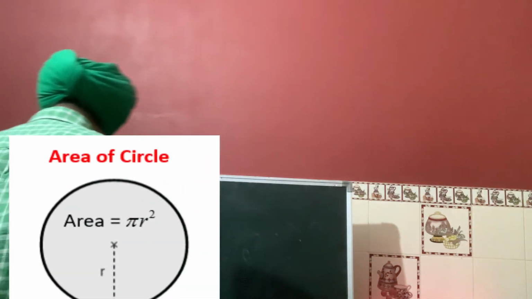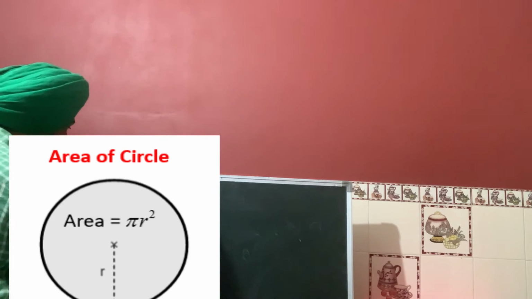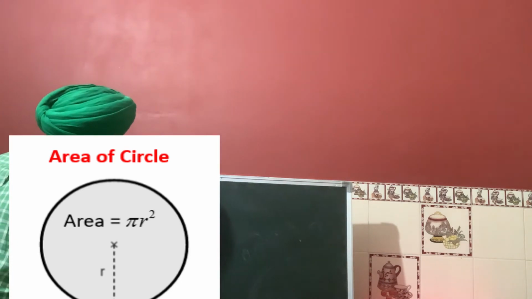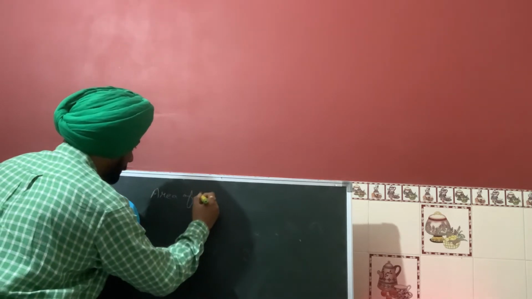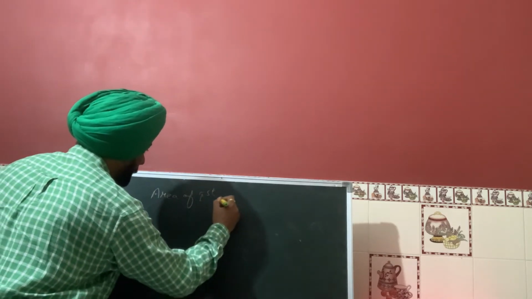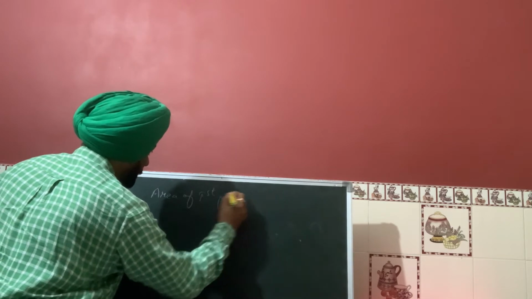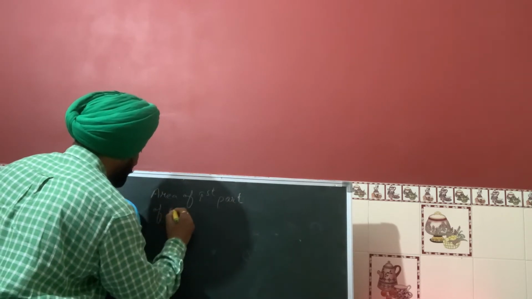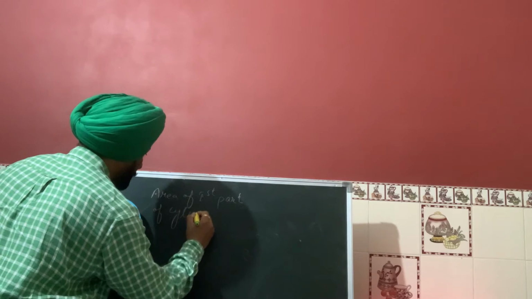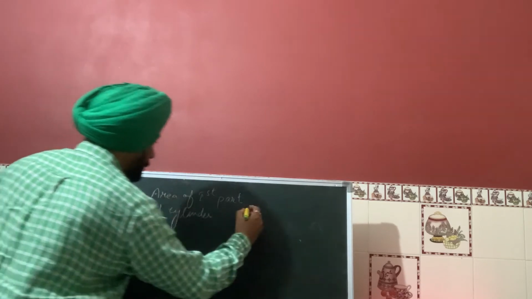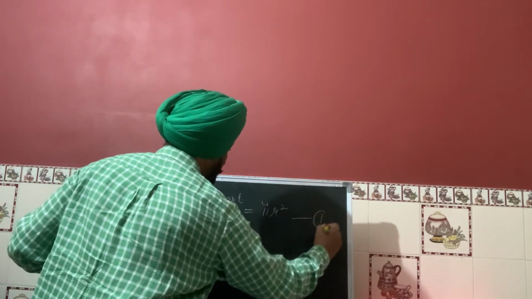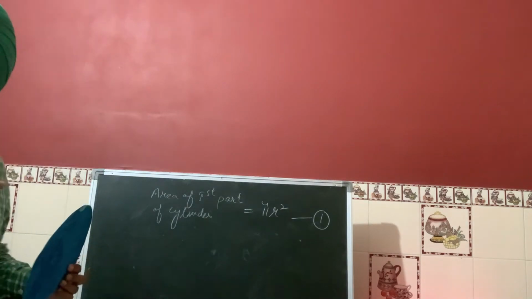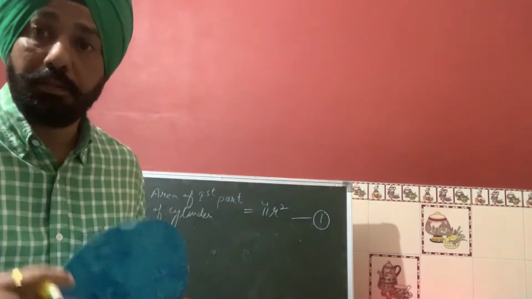So write down: the area of first part of cylinder is equal to pi r square. This is equation number 1.